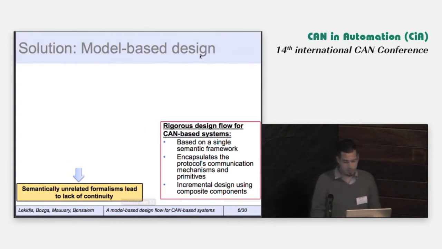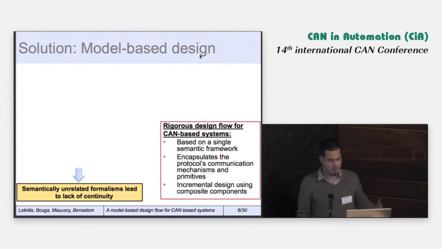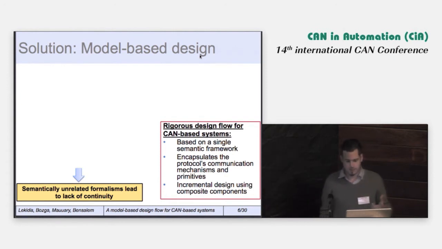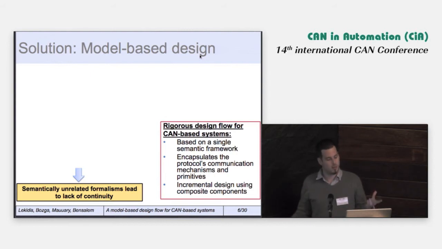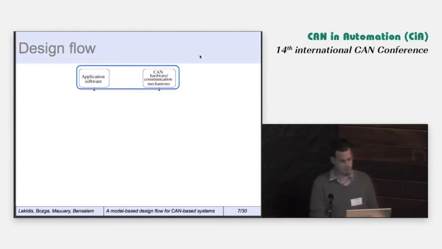And what we propose is a design flow for CAN-based systems, which is rigorous, which is based on one single semantic framework, encapsulates the protocol communication mechanisms, and then we can also incrementally build the system using composite components from simpler components.